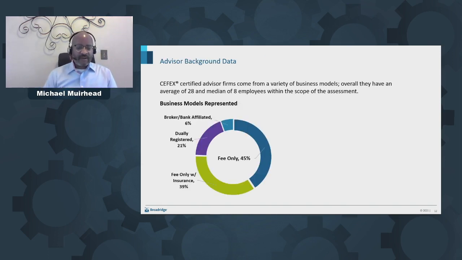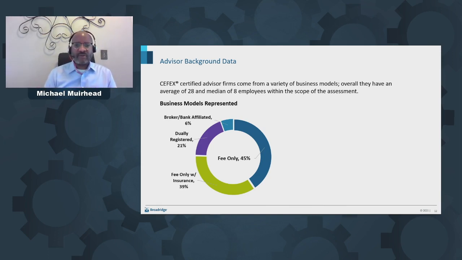So this particular slide provides you some information on the advisory business models that are represented as part of the information that I'll be covering. As you can see, about 45%, or a little less than half, are from fee-only advisory firms.